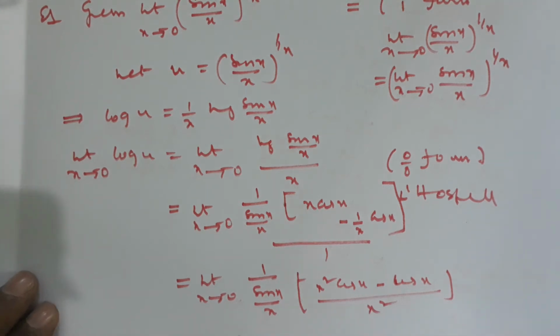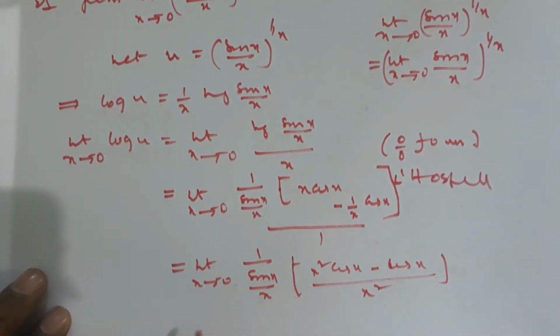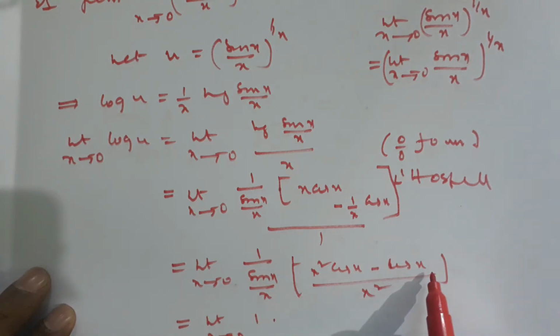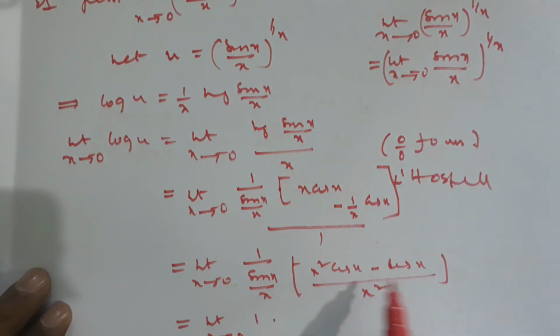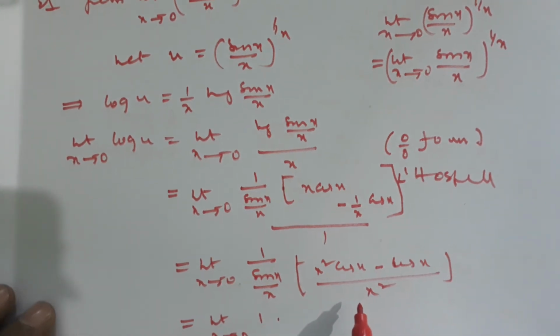Limit x tends to 0, this value is 1 into, again, cos 0 is 1, 0 minus 1 by 0.